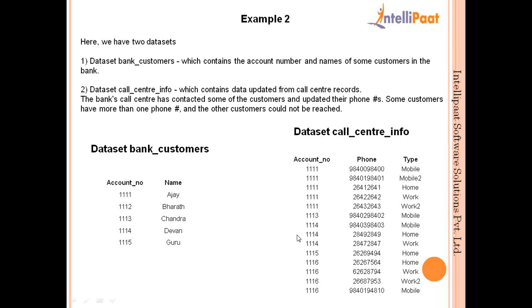We have these two data sets, and you can see that we have a common variable called account number. But you can see that in the dataset call center info we have more values, so it would not be one-to-one mapping; it may differ.